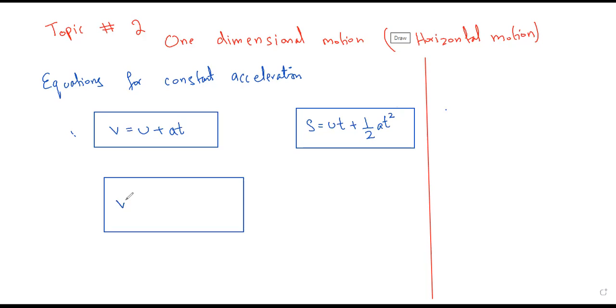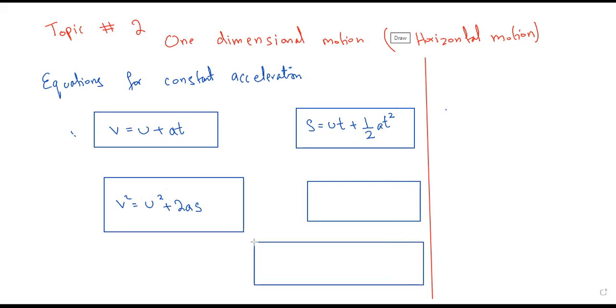Then we have V square equals U square plus 2AS. And then we have two more, which we can derive using these three, but obviously we don't have that much time. So it's good that we have these two equations as well.